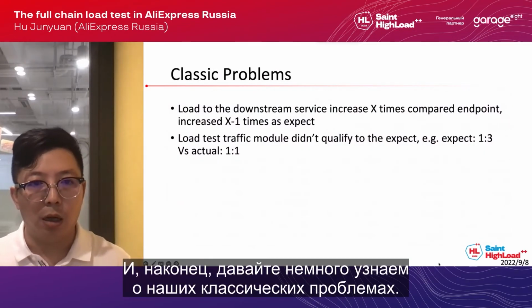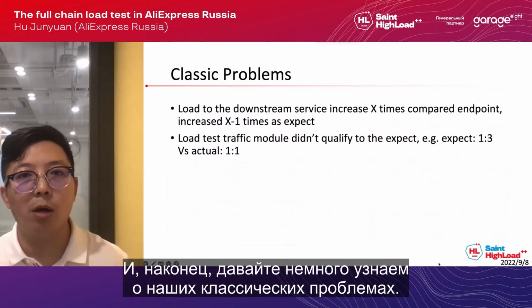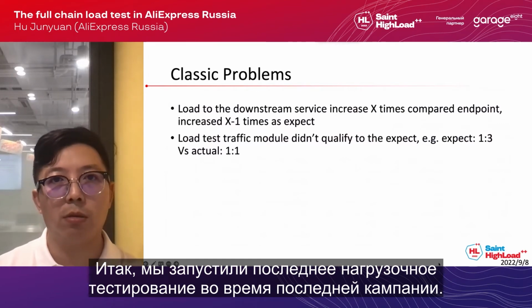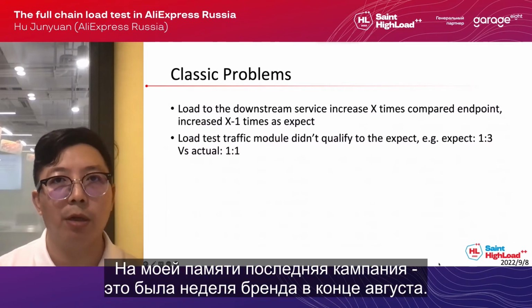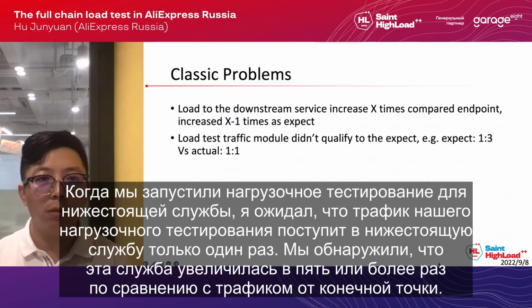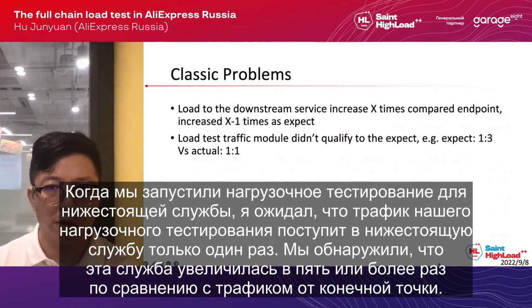So, finally, let's look at some learnings about our classic problems. When we were running the load test in the last campaign, in my memory, Brandy Week at the end of August, we ran the load test against the downstream service.